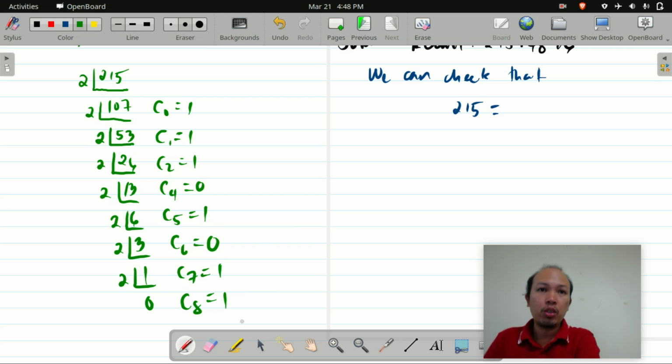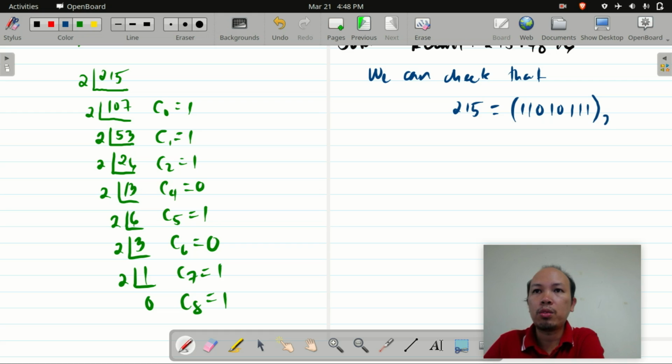Okay, so 215 in binary, we have 11010111 in base 2.